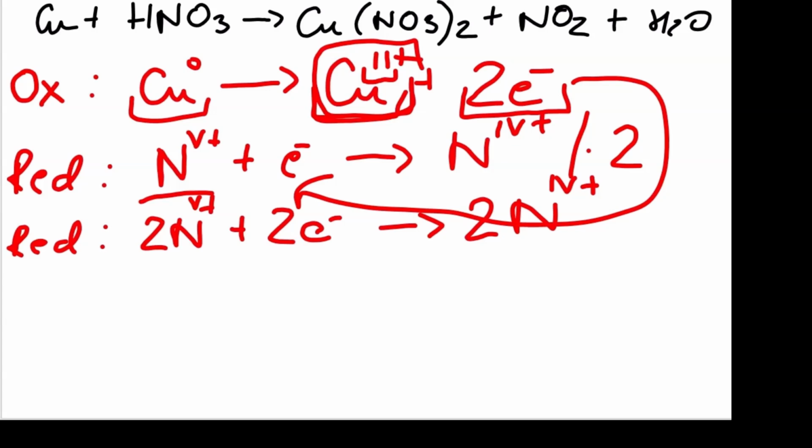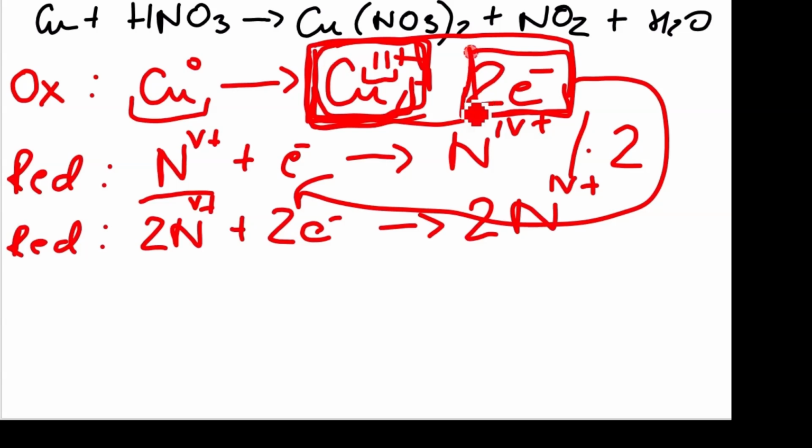So in this step we need to treat these atoms with oxidation states different than 0 as ions. So this copper atom we treat like a copper cation with the charge +2, and the two electrons, each with the charge equal to -1, give us the total charge equal to 0. +2 plus 2 minus, because we have two electrons, gives us 0.